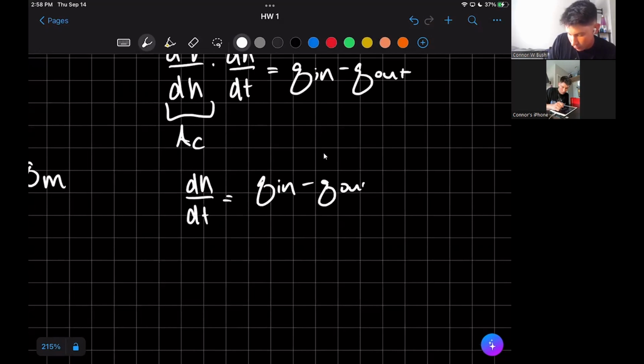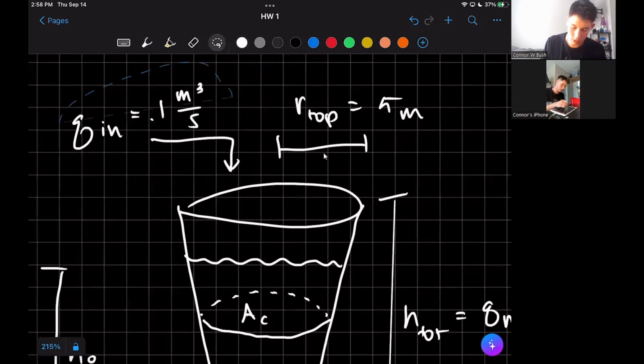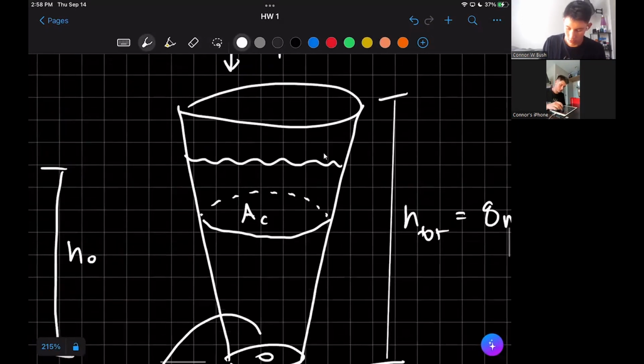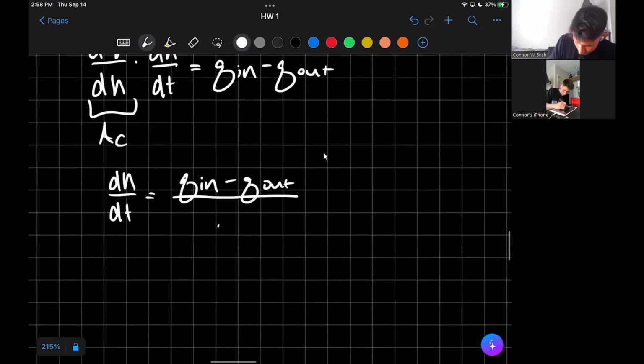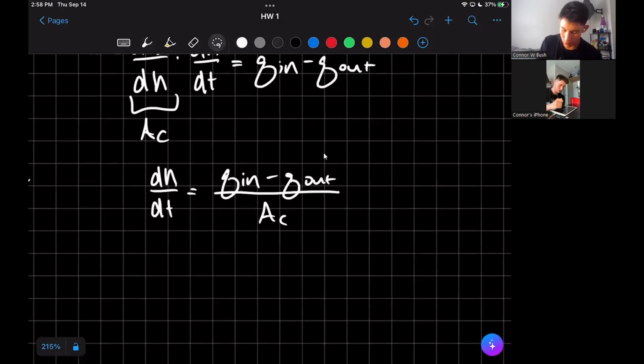We know what Qin is. We are given that it is 0.1 meters cubed per second. And we divide by the cross-sectional area at a given height. We do not know what Q out is, so we need to determine an expression for that.